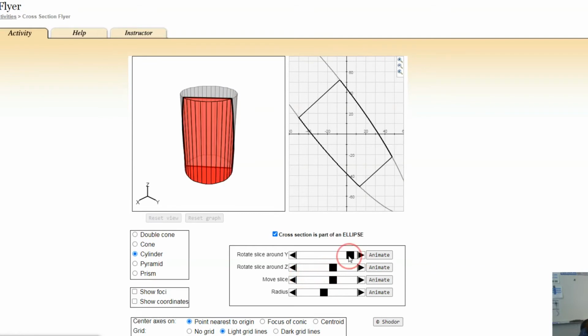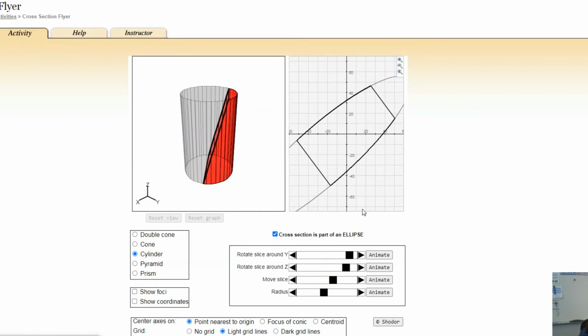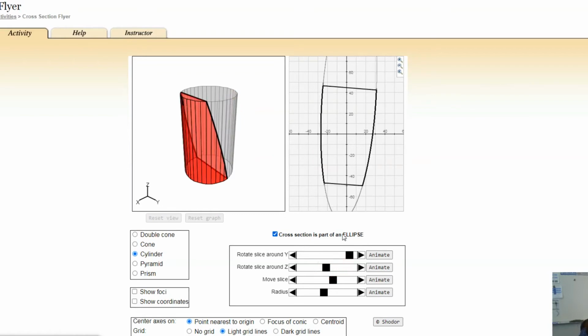Okay, now if that slices through the sides, let me spin that around so you can see how I'm cutting. It's going to have kind of like a harder edge to it, if that makes sense. Okay, so notice this says ellipse. You can play with a cylinder if you need to.